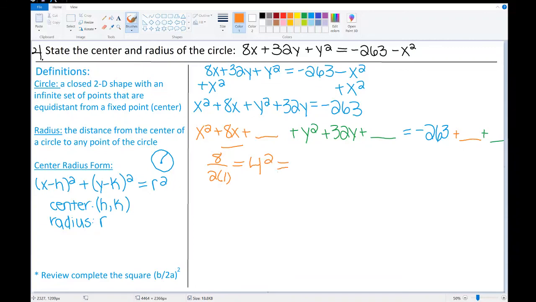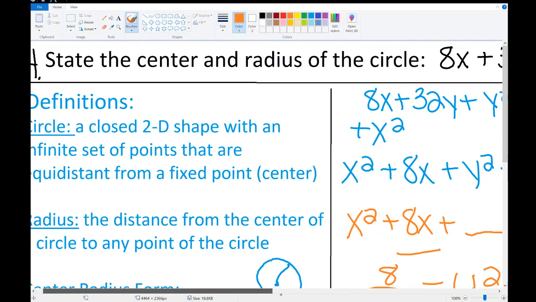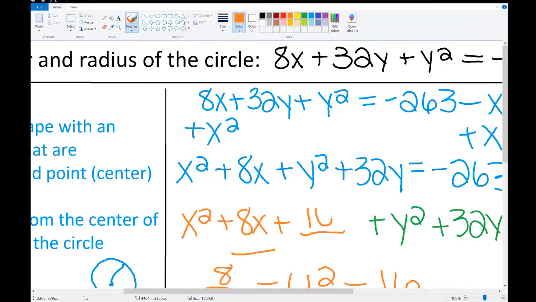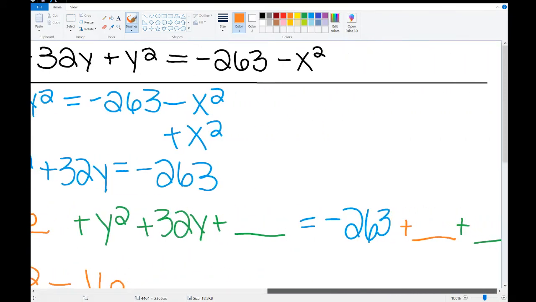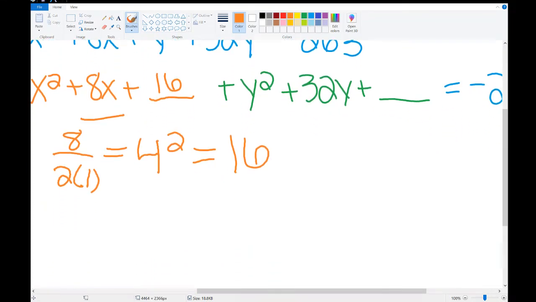Square that, 16. So we are adding 16 over here, and also over here. Good.